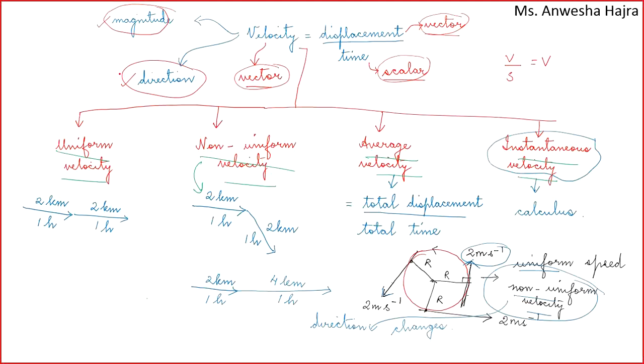Like speed, in velocity we have to discuss what is uniform velocity, non-uniform velocity, average velocity, and instantaneous velocity.